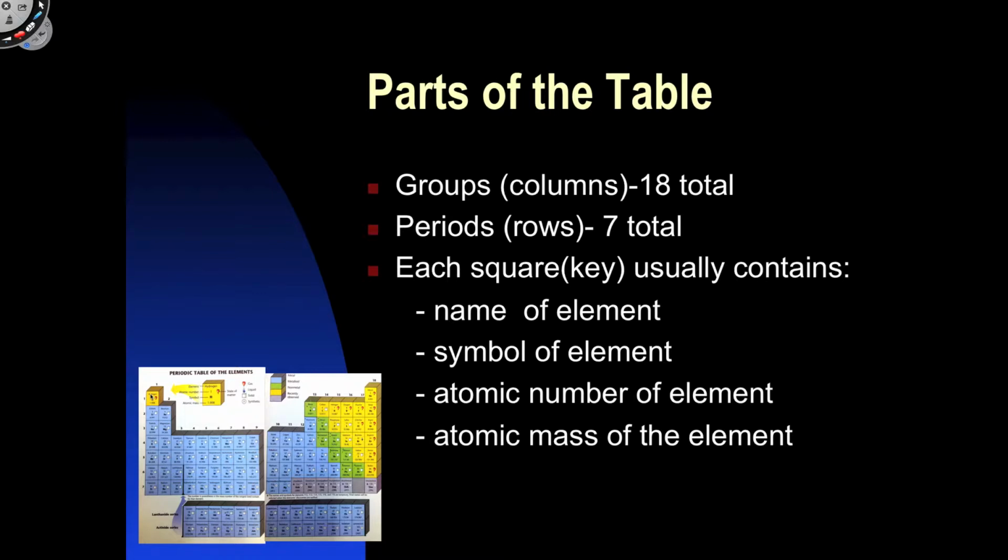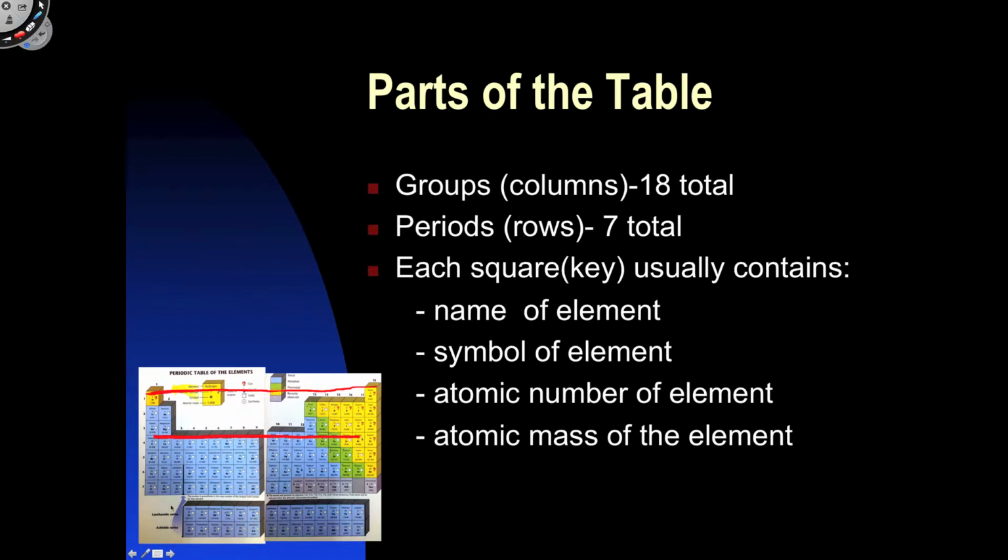So that's how I tell my students to remember that periods go left and right, or that how you end a sentence is with a period typically, and periods go horizontally across a page. So the periods are going across. And yes, even this top one is a period. That's period 1. It only has 2 elements, hydrogen and helium.